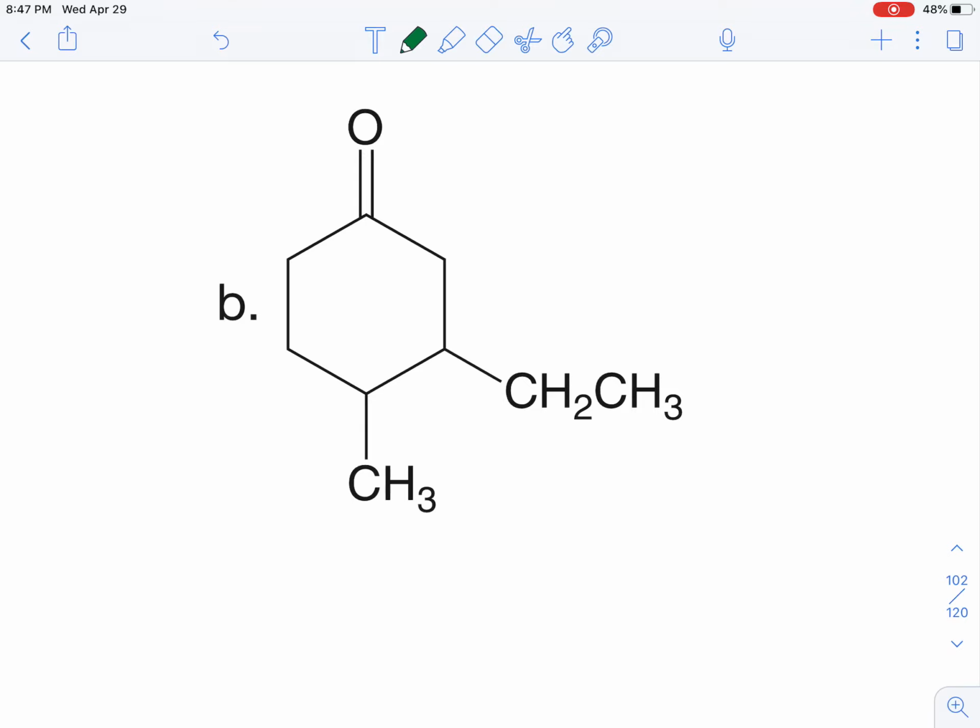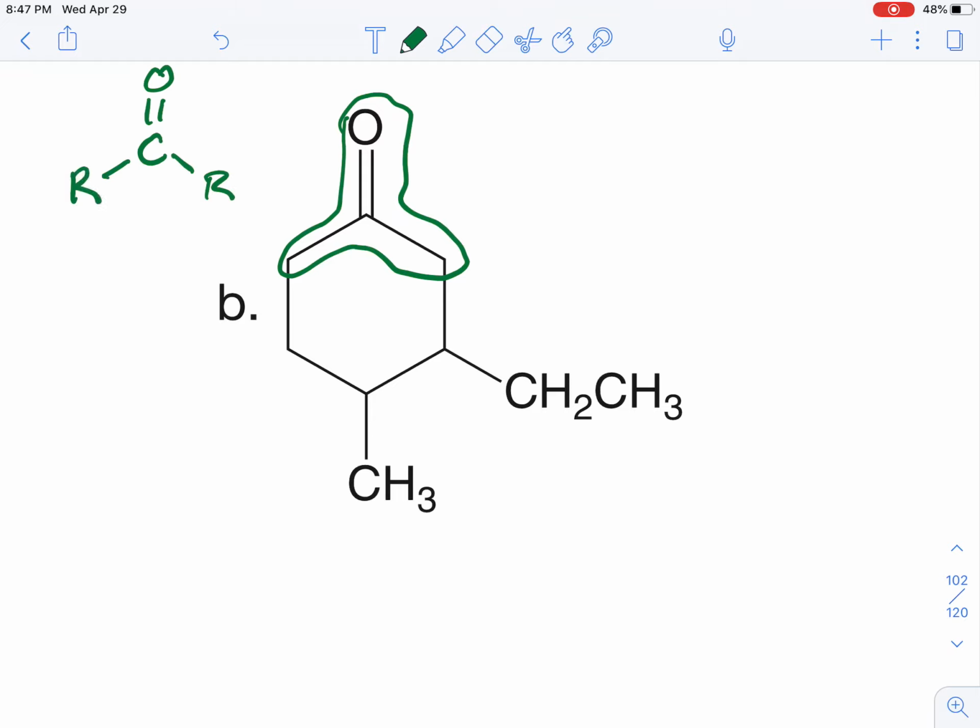Okay. All right, so let's go ahead and check out this cyclic ring. And so I can see that my ketone is right here, right? So remember that ketones have the carbonyl group, and the carbonyl carbon is connected by the R group. And so these two carbons that I'm placing dots on are going to represent the first carbon of that R group.